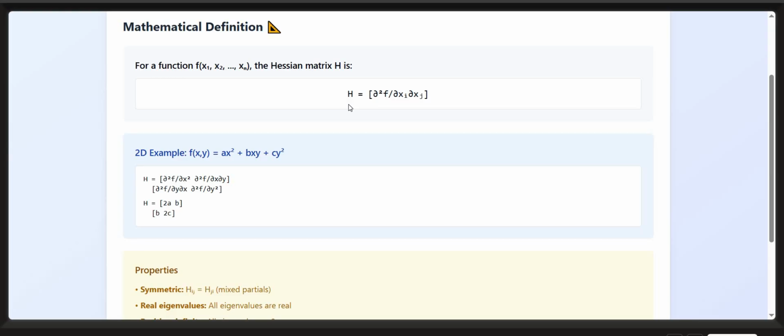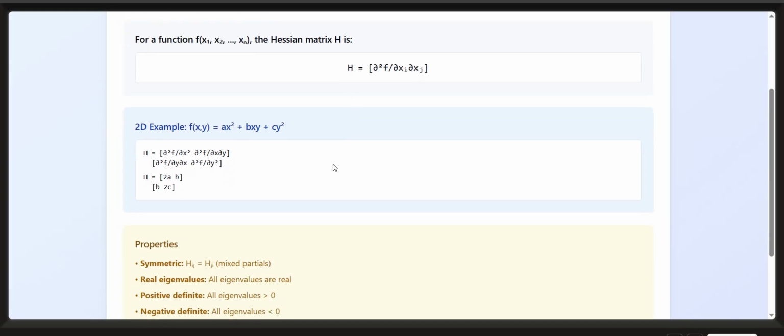H equals the matrix with entries partial squared f over partial x sub i partial x sub j. So basically every entry in this matrix is a second partial derivative with respect to two variables. That gives us the full second order behavior of the function, not just slopes but curvatures in every direction.